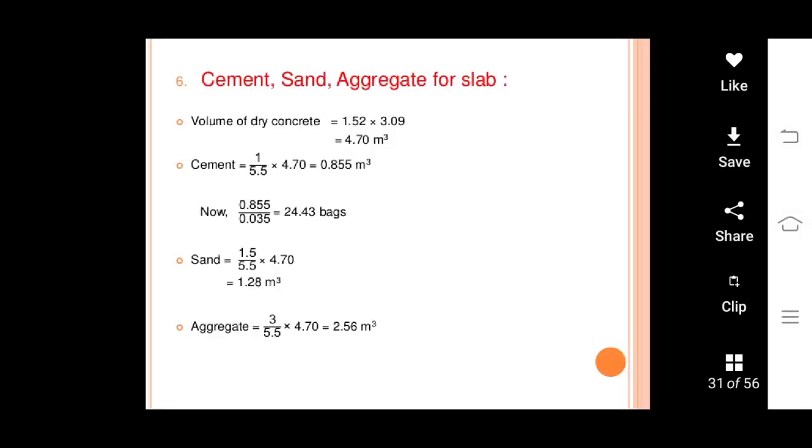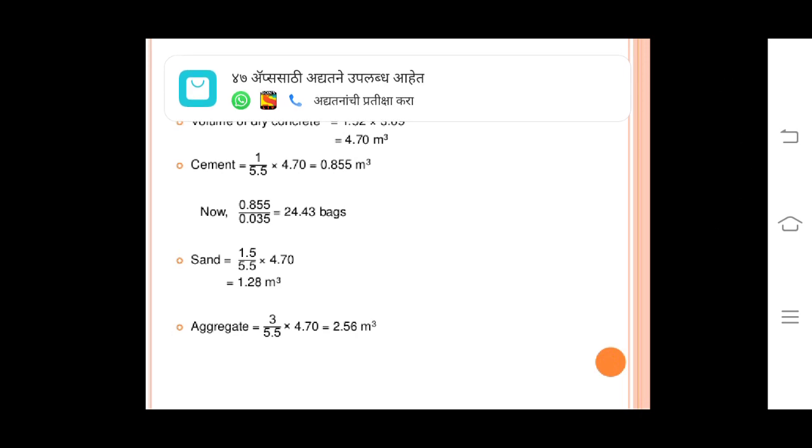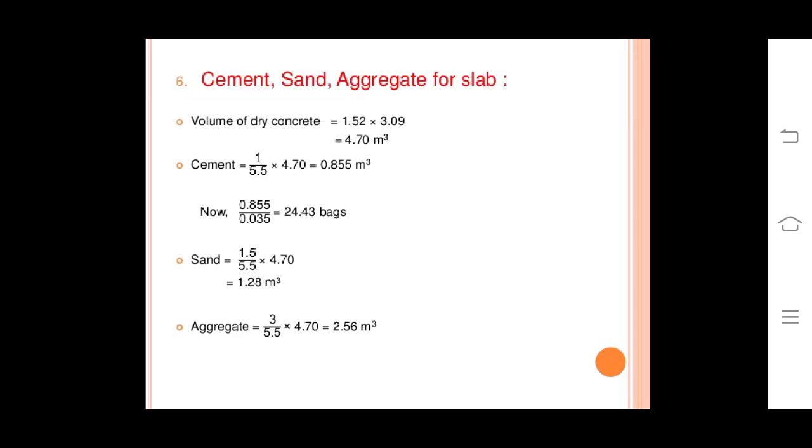Therefore, we have to take the dry volume because voids in the aggregates are more before the addition of water. The cement content can be calculated by dividing 1 by 5.5, where 5.5 is the addition of 1 plus 1.5 plus 3, that is the proportion of all ingredients of concrete.